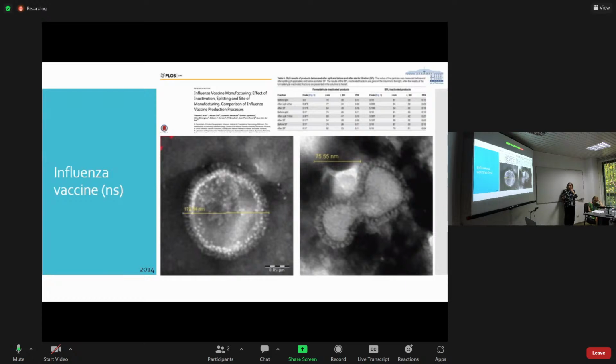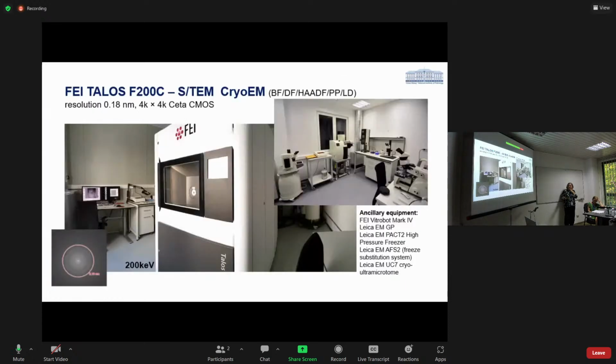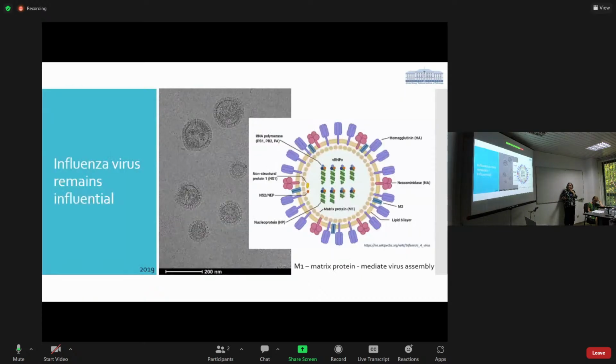This experience was before we had this electron microscope with cryo facility, and we resumed the collaboration with our colleagues from Cantacuzino Institute for vaccine producing with cryo-electron microscopy.